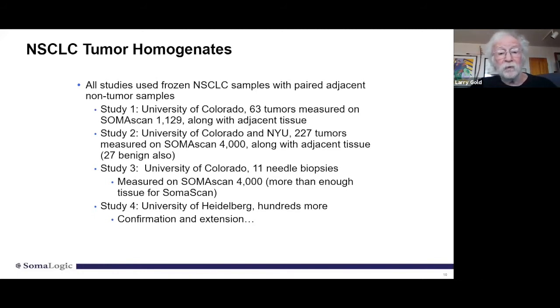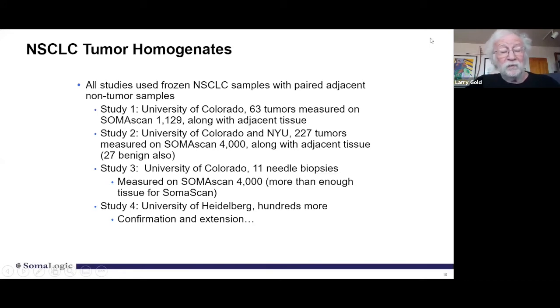Then we grew some more. The SomaScan was at the time only 1129 proteins. Then there's data from the 4,000 plex. There's data, as it says in study 3, that from a needle biopsy, you get enough tissue to be able to do SomaScan, which is terrific. And then there are lots and lots more samples that are available.